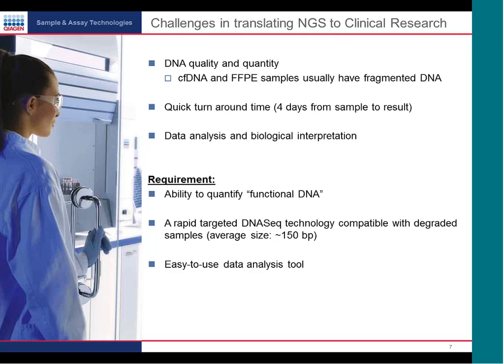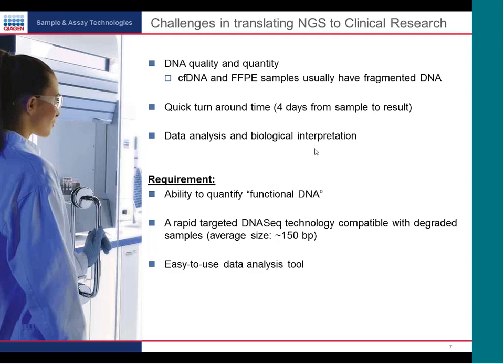Then for clinical settings, we need a quick turnaround time; four days from sample to result is more acceptable nowadays. And let's not forget data analysis and biological interpretation. This is still a bottleneck for next-gen sequencing.